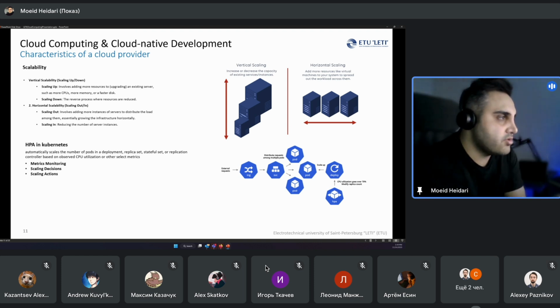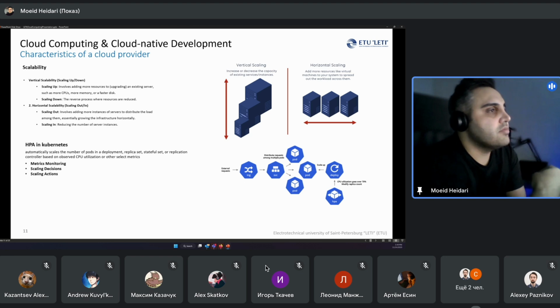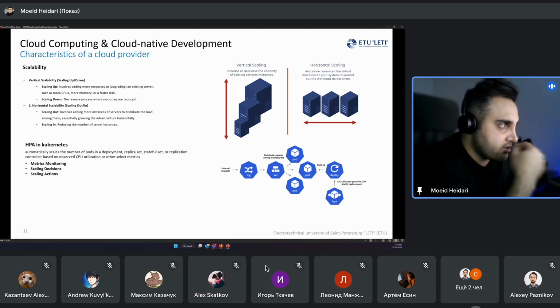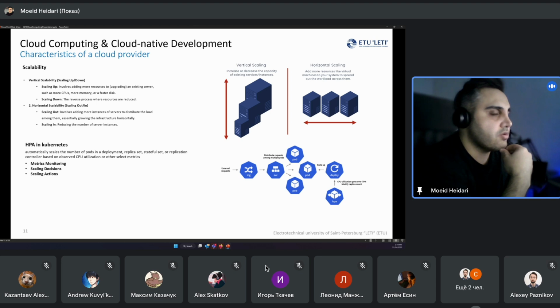So it depends on the metric that you select. You can scale based on CPU utilization, memory utilization, disk storage or anything. Metrics monitoring, scaling decisions, and scaling actions happen in this service called HPA in Kubernetes.